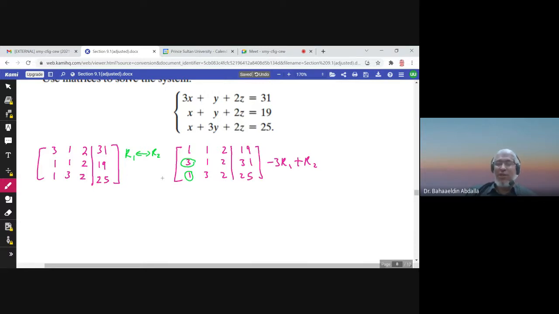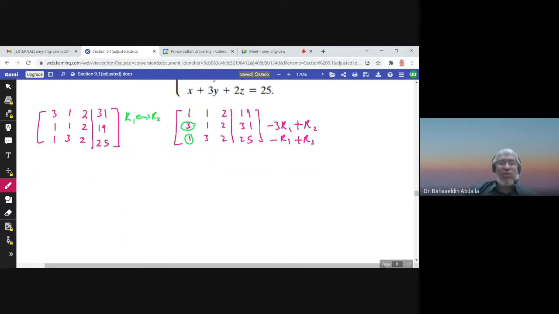Did you get it? You have 1 here. What to do? You multiply row 1 by the negative of this number, by negative 1. So if I multiply row 1 by negative 1 and add to row 3, then this number would also be 0.